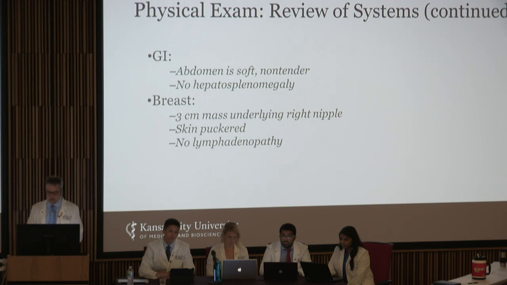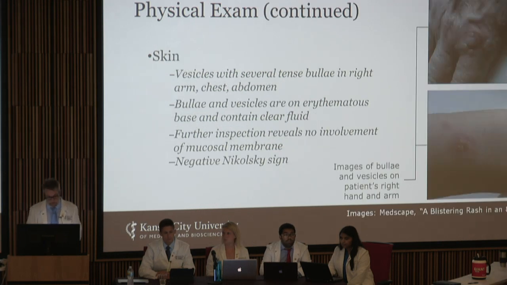Her breast exam reveals a 3-centimeter mass underlying the nipple of her right breast. The skin is puckered in this area, however, no lymphadenopathy is detectable, and these findings are also consistent with her last documented breast exam. Her skin reveals vesicles with several tense bullae across her right arm, chest, and abdomen, and these bullae and vesicles rest on an erythematous base and are filled with a clear fluid.